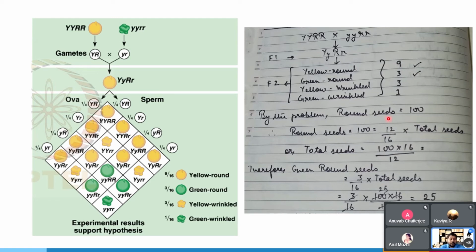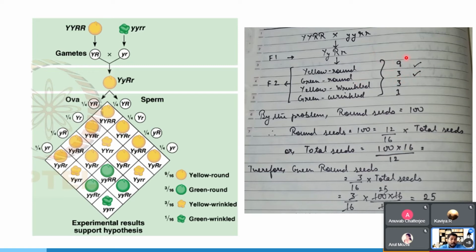This is where I have worked it out. At the F2 generation we have a ratio of 9:3:3:1 for all the phenotypes that were observed. By the problem we know that round seeds are 100. What are the round ones? It could be yellow round or green round.